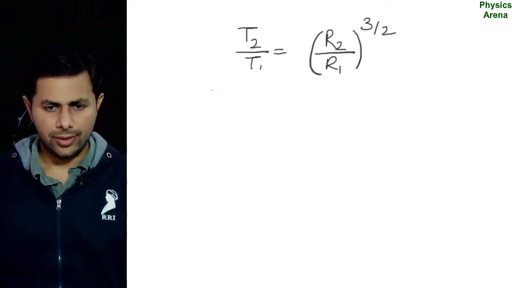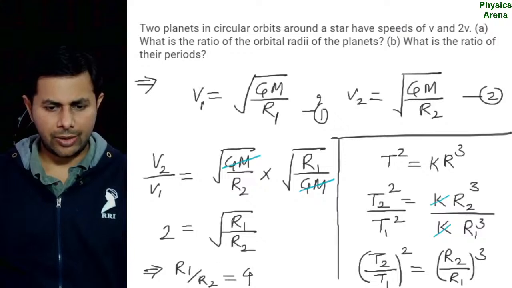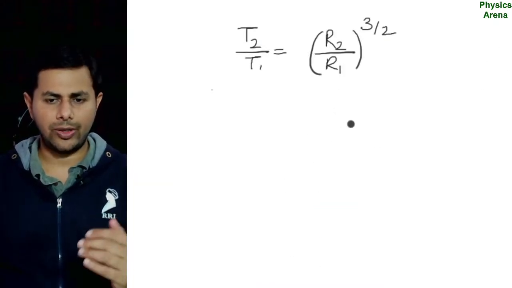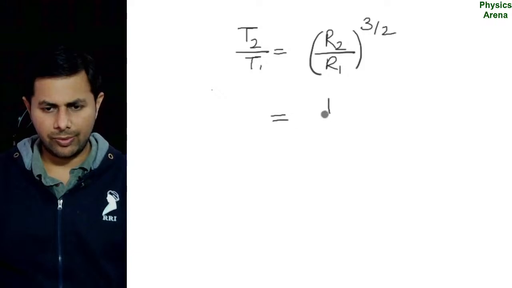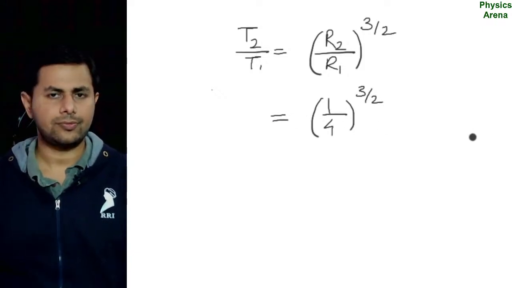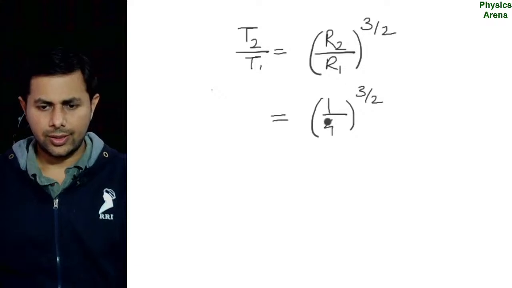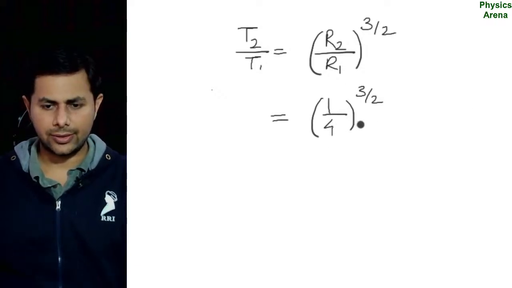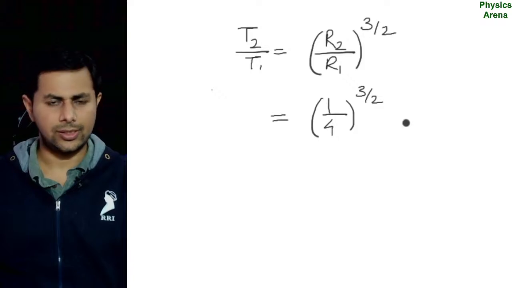We already have r1 by r2 equals 4, so r2 by r1 is 1 by 4, so it is 1 by 4 raised to 3 by 2. Okay, 4 cubed is 64, and the square root of that is 8.